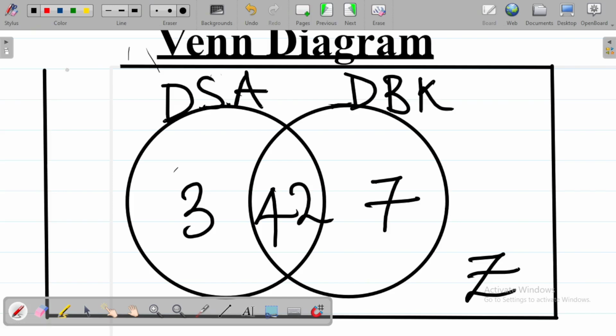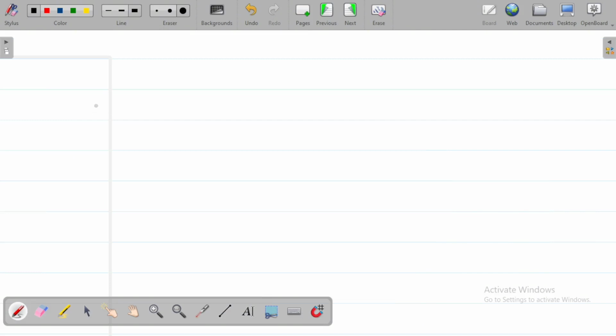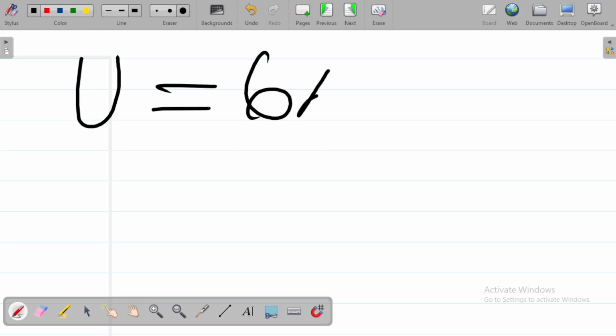Now remember that in our last class, we talked about universal set. If you didn't watch our last tutorial, kindly check the description of this video and you will see a link to our tutorial on set operations. So universal set. Universal set is written as U. The universal set U, as given in the question, is equal to 64.